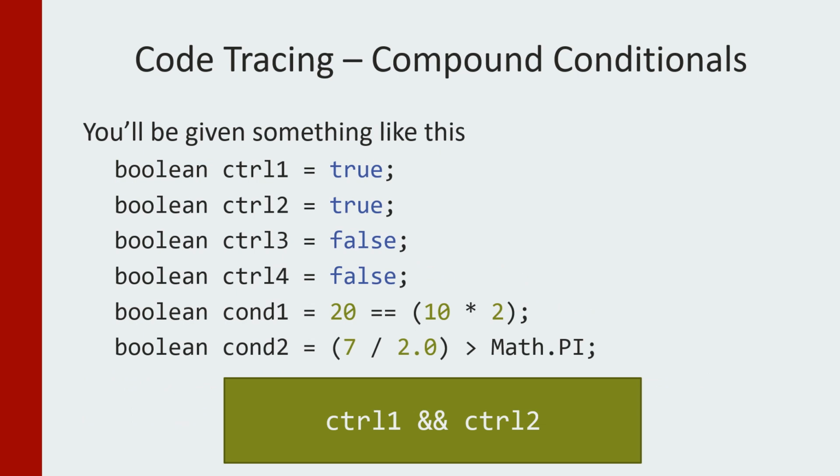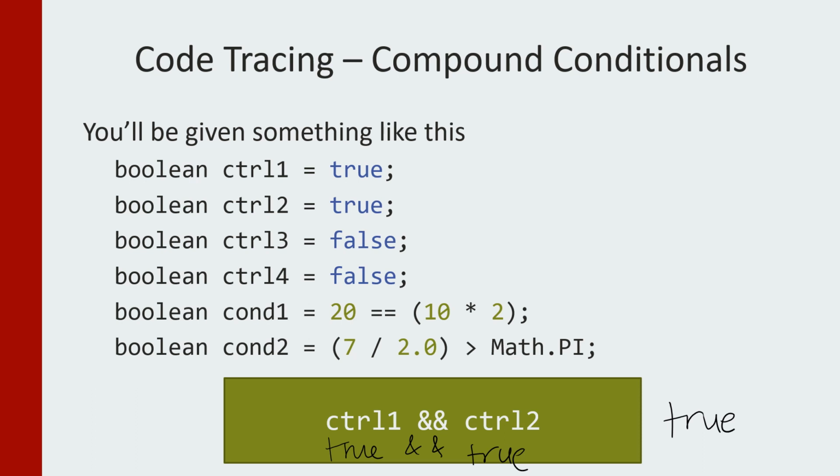So let's say beyond that, I ask, what is control 1 and control 2? If you write this out, I see that control 1 is true and control 2 is true. So I know that overall this will be true.